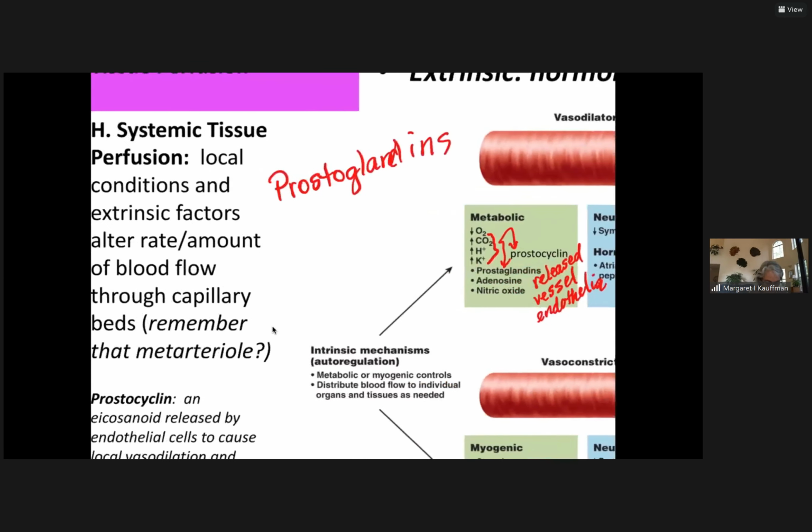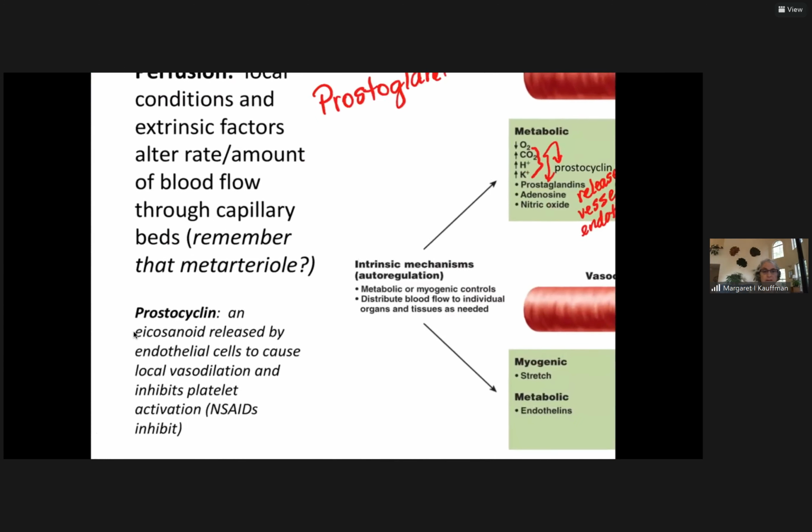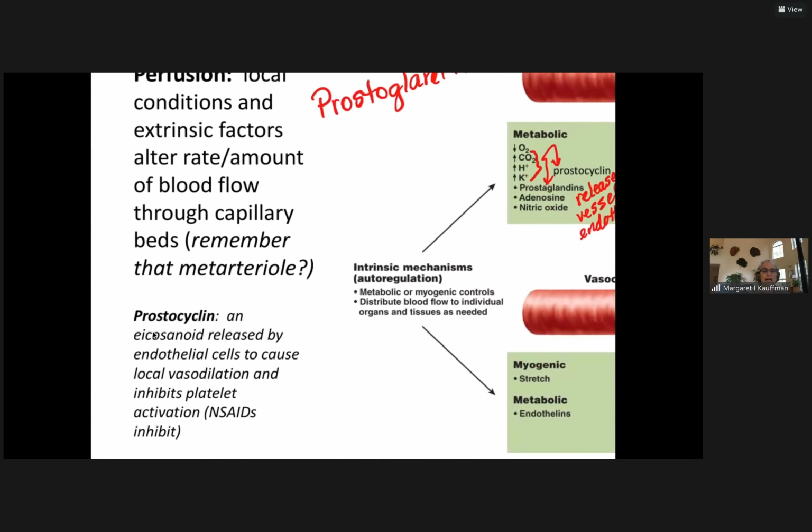So over here, I did put down that prostacyclin is an eicosanoid. Now we talked about those way at the beginning of 103A. You've probably totally forgotten about them, but embedded in the lipid bilayer of all plasma membranes are free fatty acids.